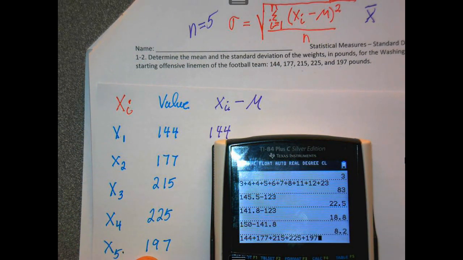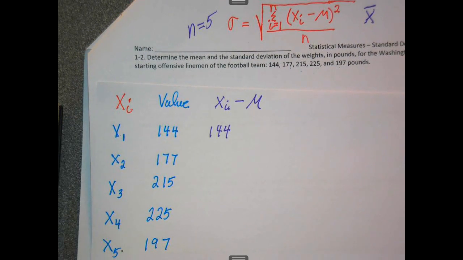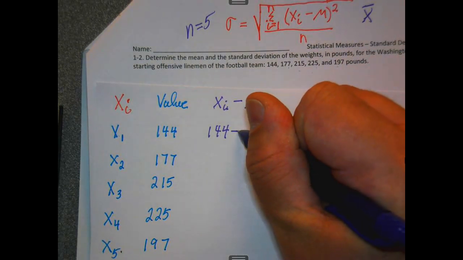And before you hit divide by 5, hit enter first, then divide by 5. Our mean is 196. Or I'm sorry, 191 point.